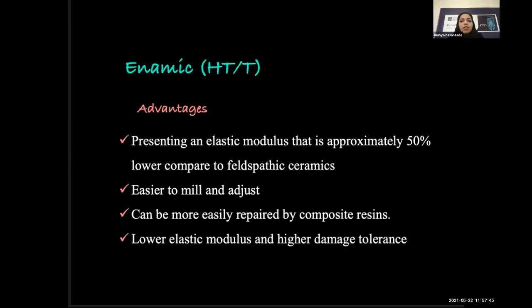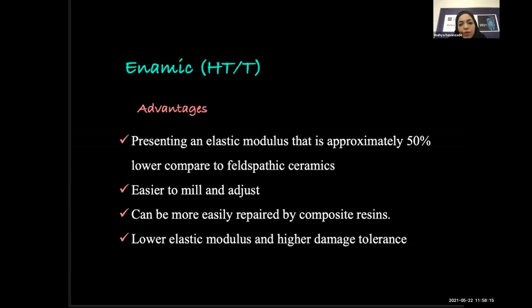The advantage of Enamic, or in general PIC, polymer infiltrated ceramic network materials, is presenting an elastic modulus that is approximately 50% lower compared to feldspathic ceramic and closer to dentine. So they are easier to mill and adjust, and they can be more easily repaired with composite resin.